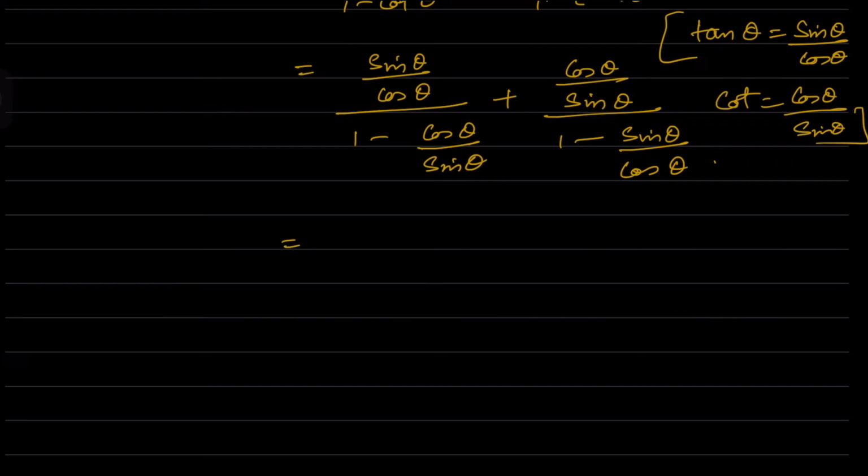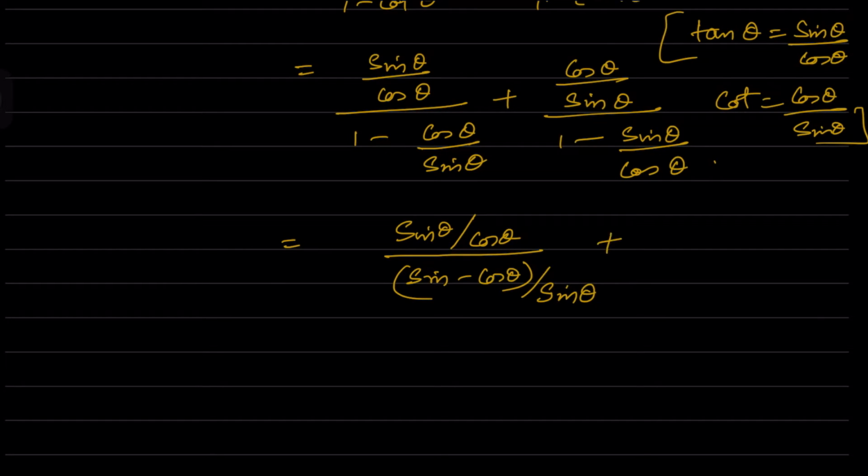Now here, in the numerator, sin theta by cos theta divided by, here you can take, sin theta minus cos theta by sin theta, plus cos theta by sin theta divided by cos theta minus sin theta by cos theta.